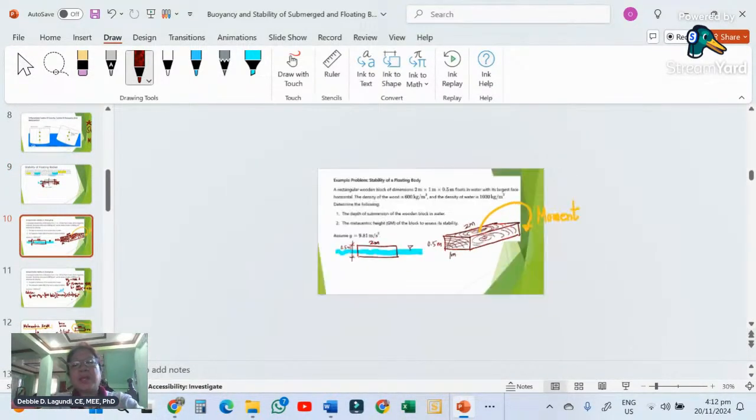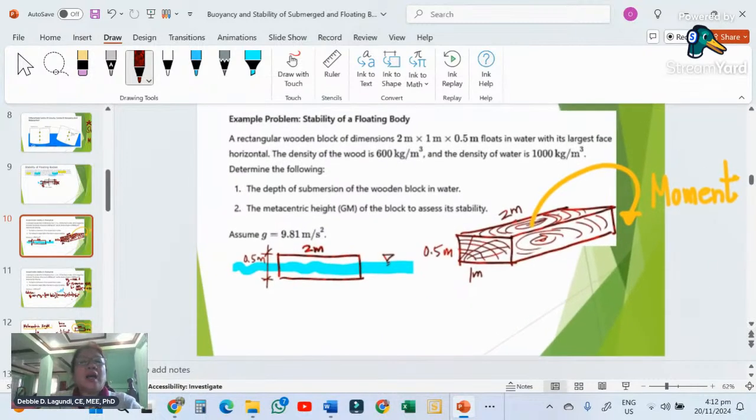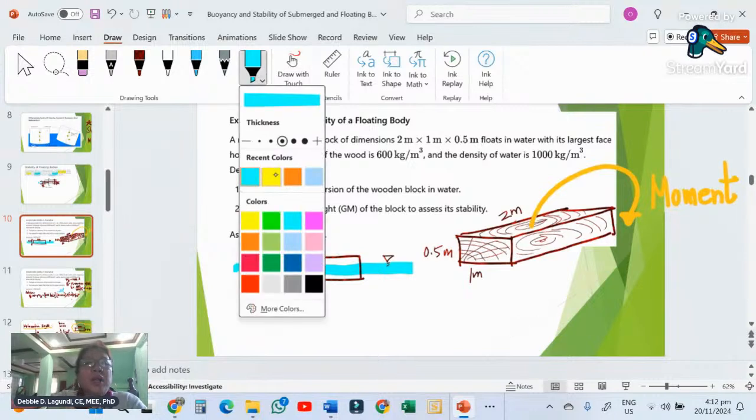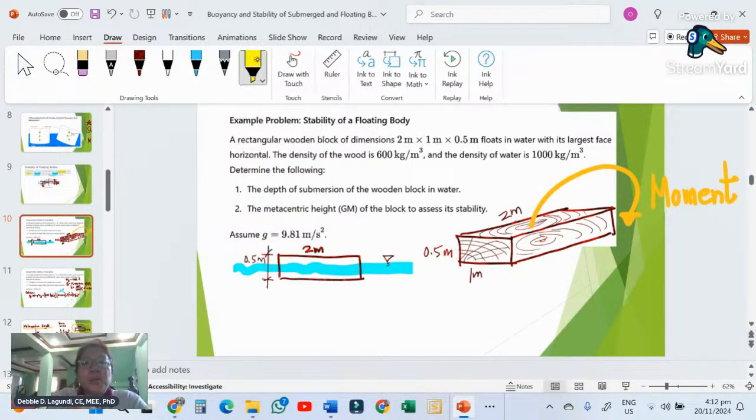I already calculated this a while ago. A rectangular wooden block of dimensions 2 by 1 by 0.5. As you can see here, the longest side will be 2, and then you have the bottom 1 meter and 0.5 for the height.